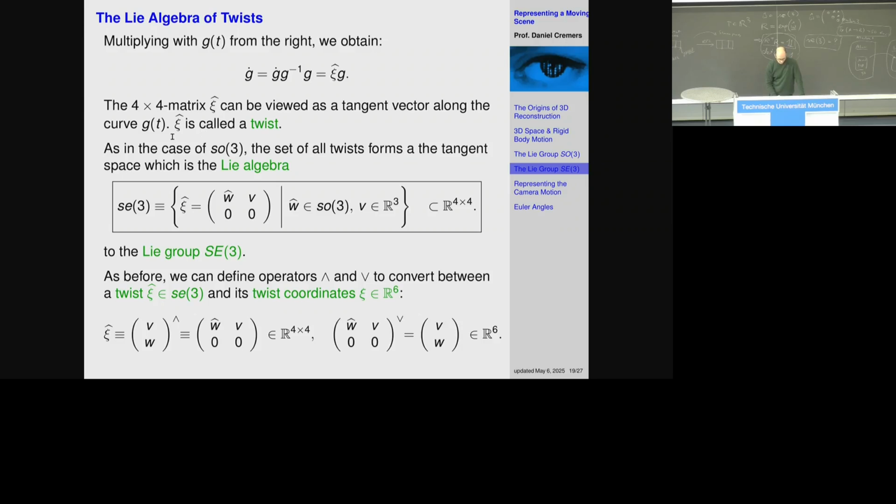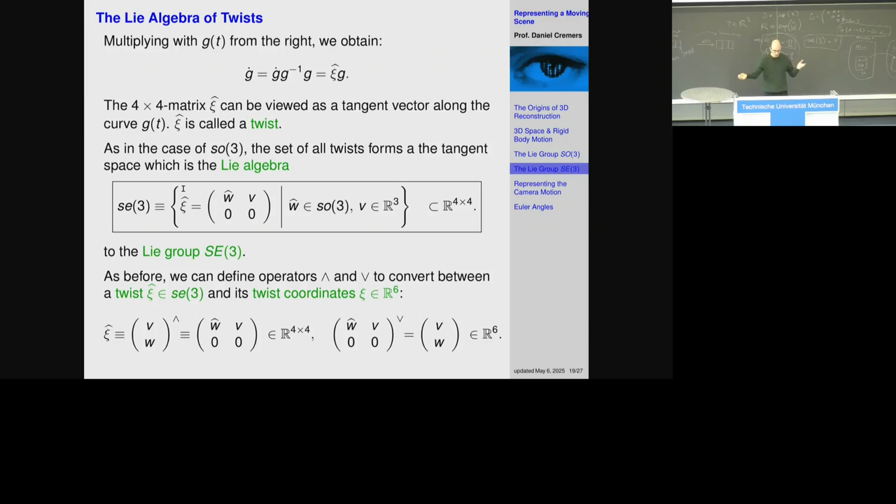And now these twists, at time 0 we would have the identity, so at time 0 the time derivative of g is nothing but a twist. And in other words, the twists form the tangent space to our Lie group, right? So now we have the same idea.